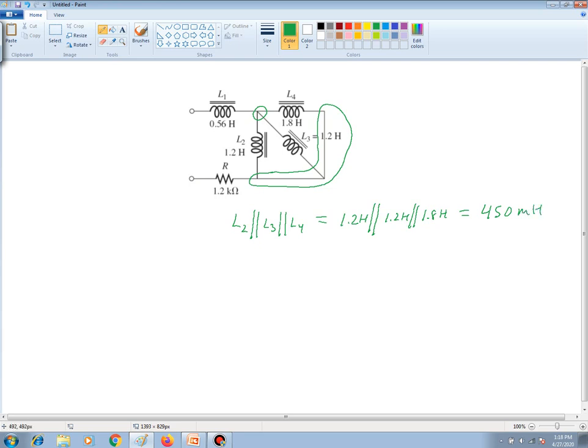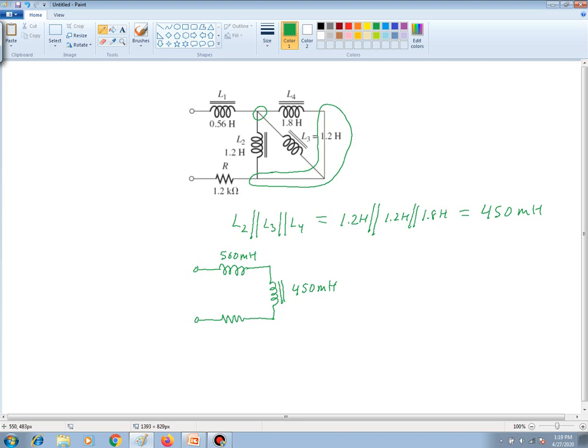Now we can reduce our diagram to look something like this, and our resistance would be right here. This is 450 millihenries, and the top inductor is 560 millihenries.